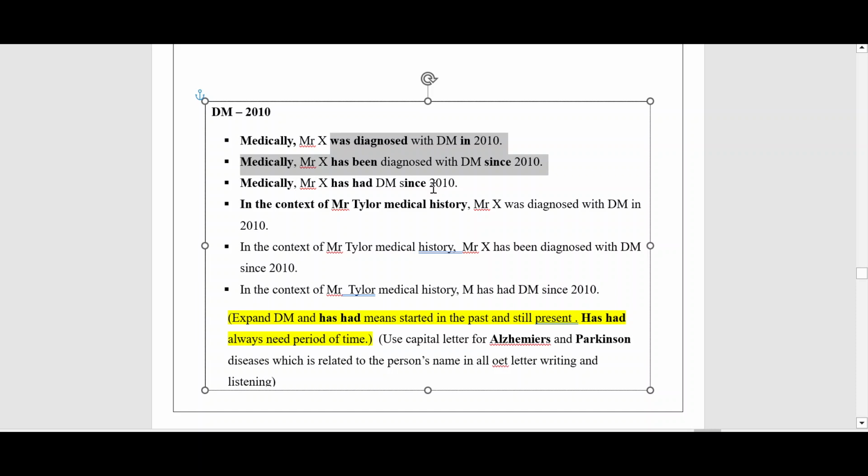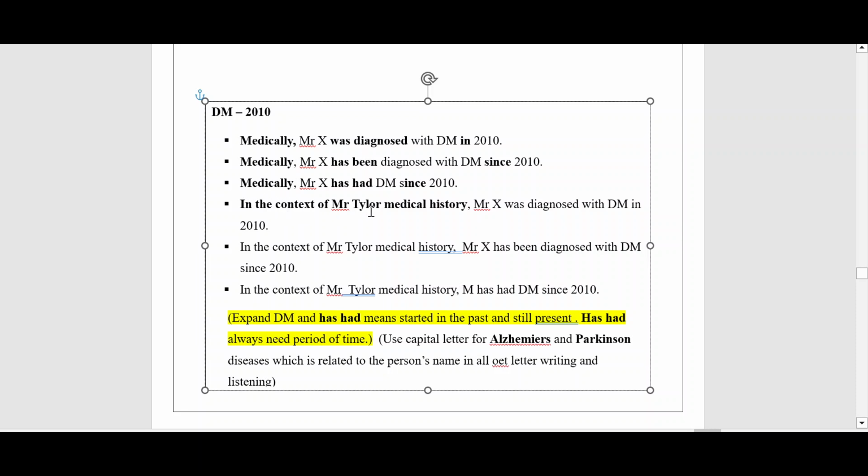So to avoid that, or to make the letter writing more impressive, I advise you to take these things as a past medical history statement. I like to recommend you choose that one: medically, Mr. X has had diabetes since 2010, or you can choose any of the others as well. It's your choice. Otherwise, medically is already written in the social history, so socially means you have to choose this one.